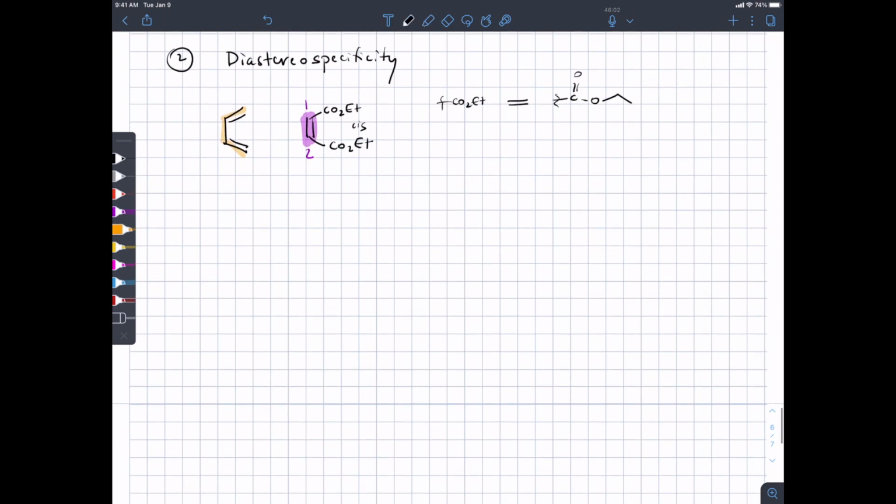Because this reaction happens in a concerted fashion, there is not time for rotation around this carbon-carbon bond between purple 1 and 2. And so when we form the new ring, those two groups have to be on the same side. Okay? So the product that we draw must show those two ester groups on the same side.